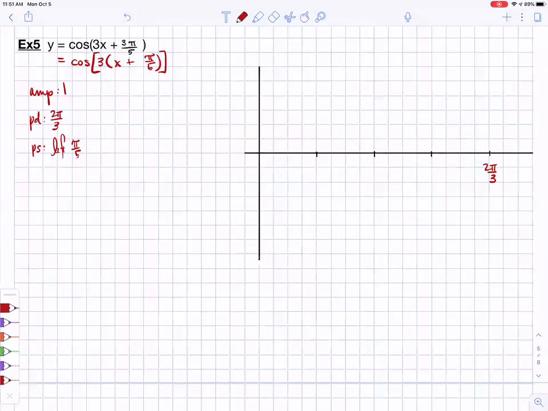All right, take half. What's half of 2 pi over 3? Pi over 3. Half of is the same thing as doing 1/2 times. What's half of pi over 3? Pi over 6. Now let's count.